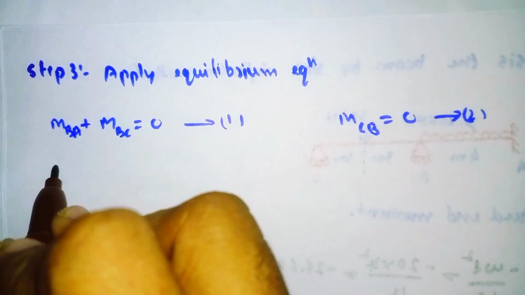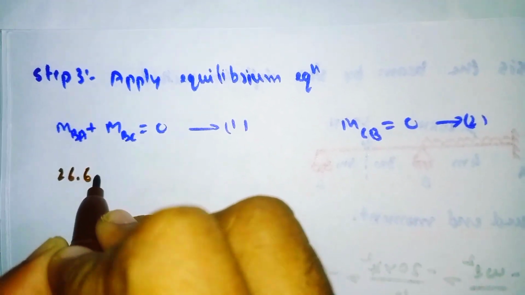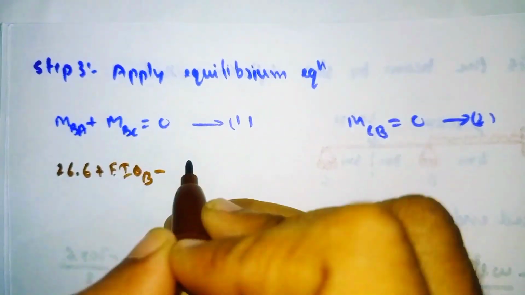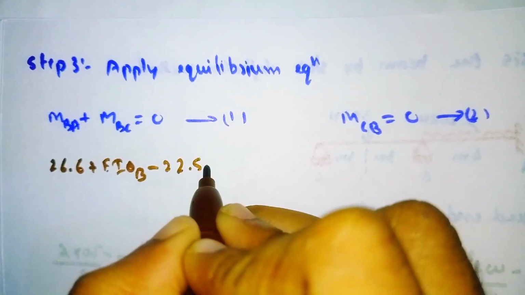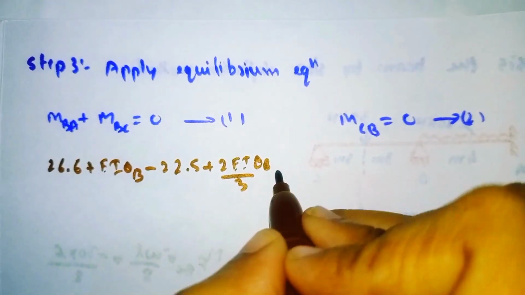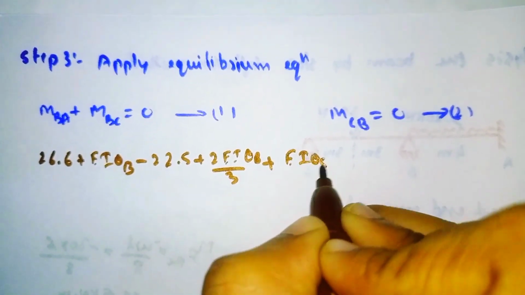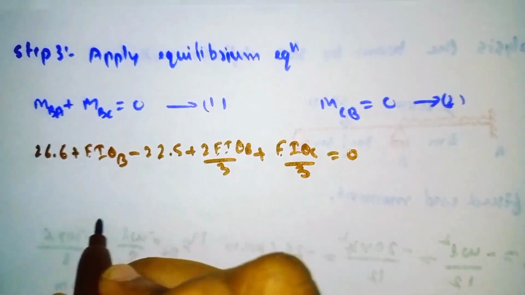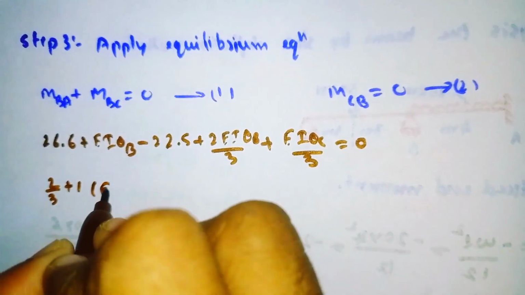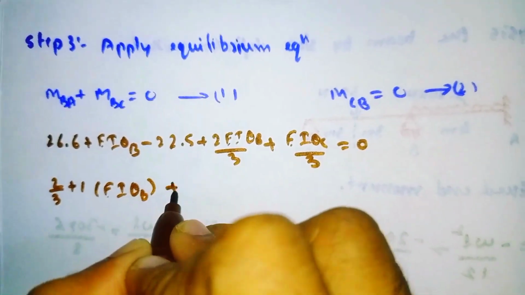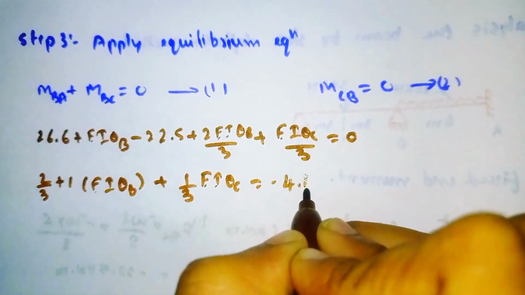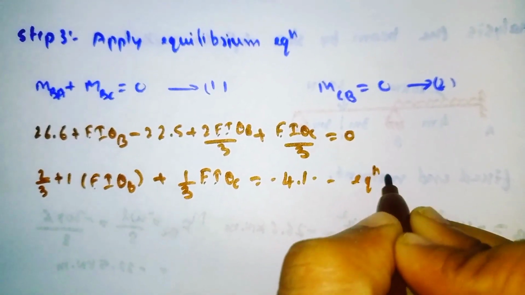MBA plus MBC: 26.6 plus EI theta B minus 22.5 plus 2EI theta B divided by 3 plus EI theta C divided by 3 is equal to 0. So solve this, it will come out as (2/3 plus 1) EI theta B plus 1/3 of EI theta C is equal to minus 4.1. Call it equation number 1.